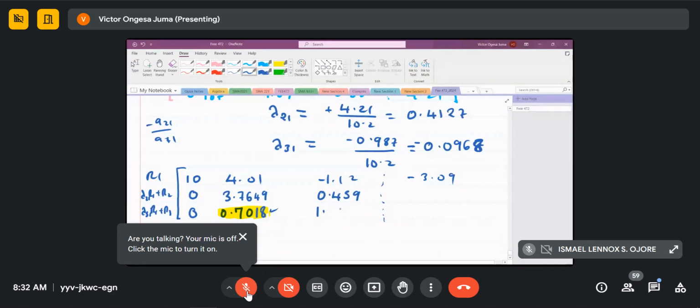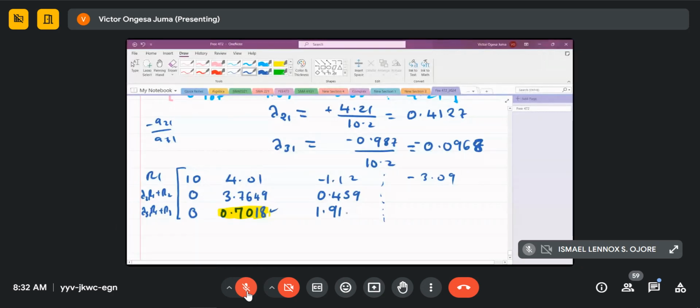I might also make a mistake, but can you confirm what you did? So I told you that when you do full pivoting, just keep track of your variables.